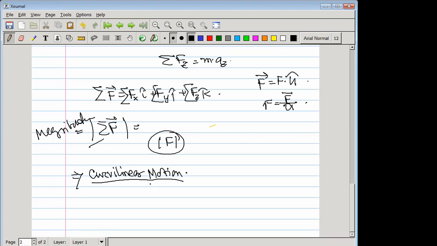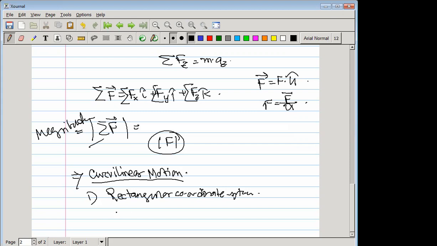Now come to the curvilinear motion. In the curvilinear motion, you know that there are three types of coordinate systems. One is when we consider the rectangular coordinate system.